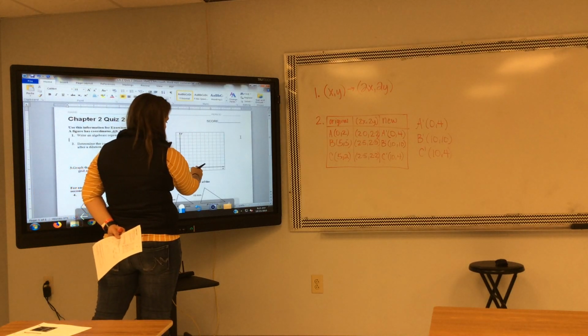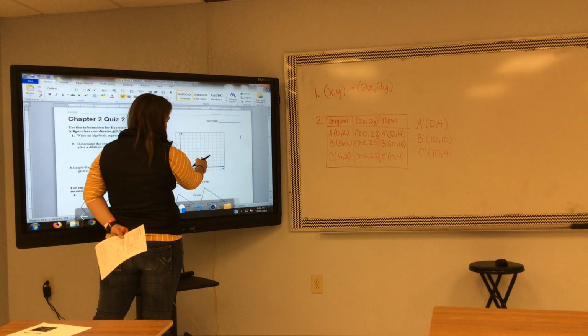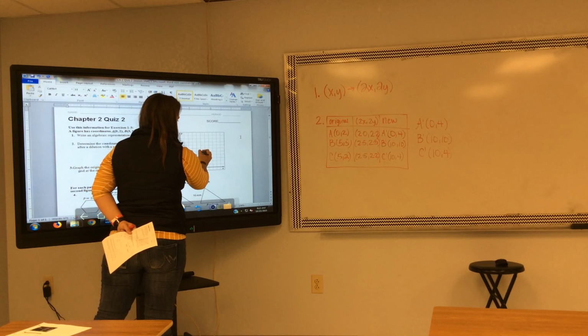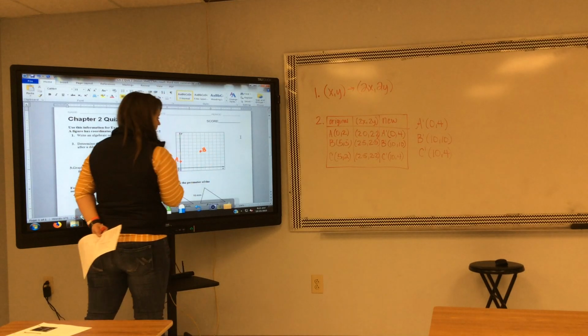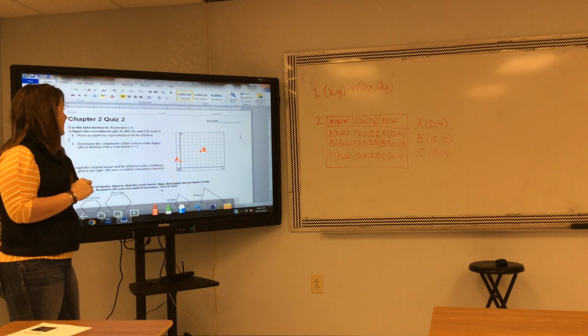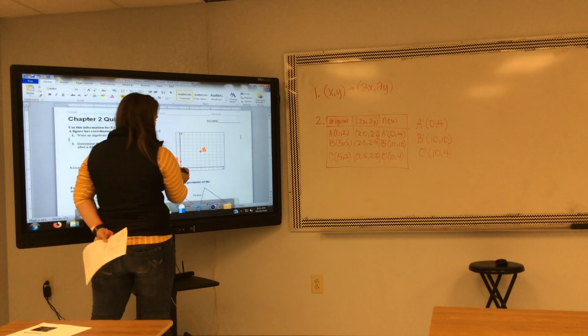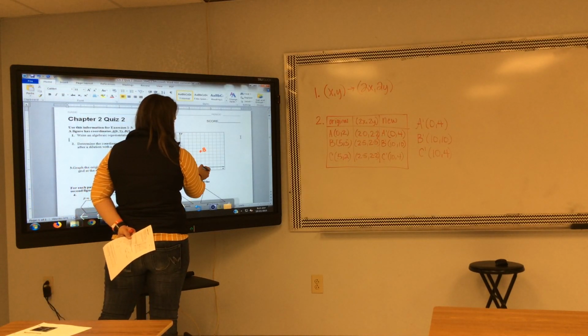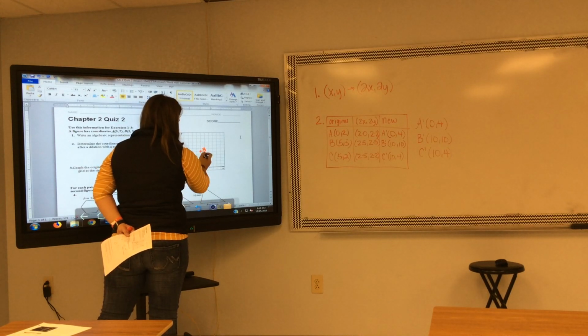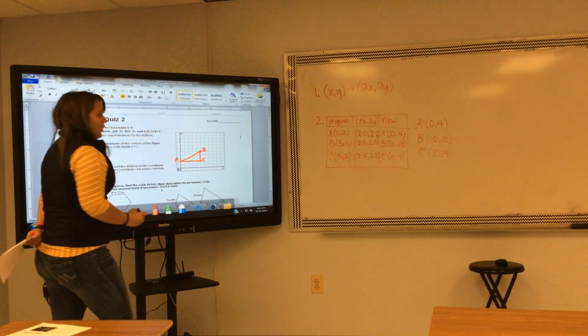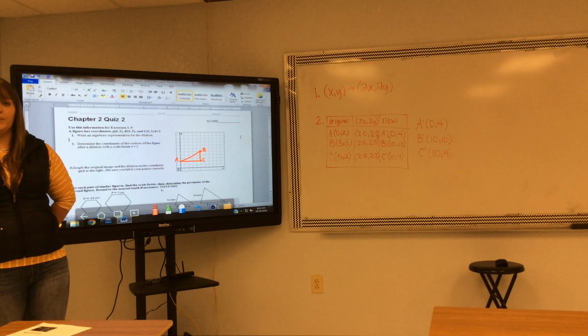So 1, 2, 3, 4, 5. 1, 2, 3, 4, 5. Here is my point B. And then C is 5, 2. So over 5, 1, 2, 3, 4, 5, but up to 2 on my y-axis, and there is point C. Then I'm going to connect those points, creating a triangle.